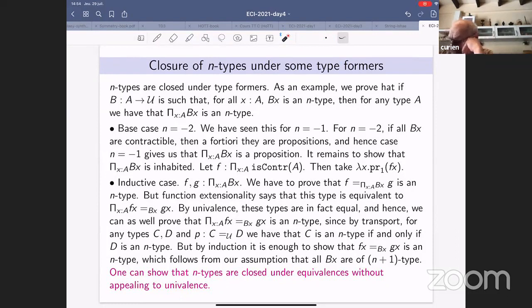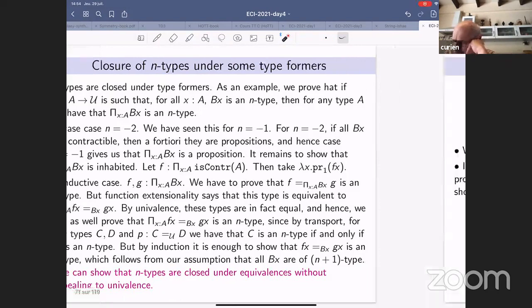So all n-types are closed under the type constructions, and while the proof of these facts is not difficult, you will not learn anything new by me reading you these proofs in detail, but of course you will experiment with these techniques by reading them.